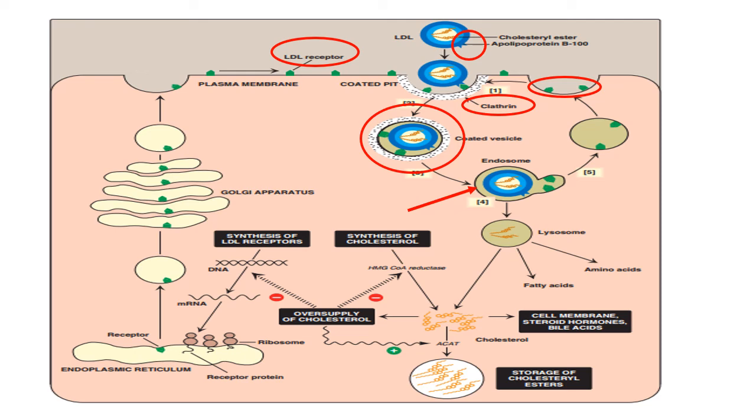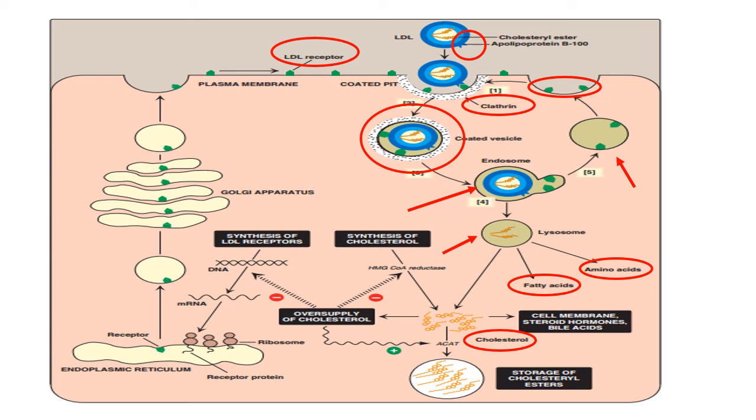The receptor then migrates to one side of the endosome, whereas the LDLs stay free within the lumen of the vesicle. The receptor can be recycled, whereas the lipoprotein remnants in the vesicle are transferred to lysosomes and degraded by lysosomal enzymes to give amino acids, fatty acids, and cholesterol.